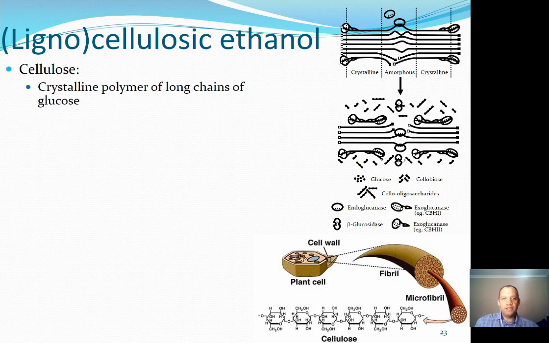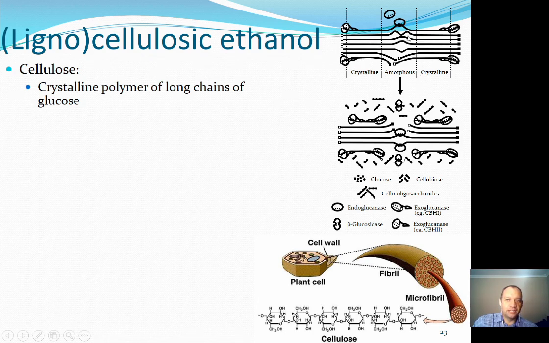So after the pretreatment for the lignocellulosic ethanol process, we said that we have these enzymatic processes to completely release the fermentable sugars, the monomeric sugars, from the cellulose and hemicellulose. So we're looking at cellulose here. And I'll remind you, it's a crystalline polymer of long chains of glucose, and just a simplified way of showing it, these lines would be your glucose chains, and they stack together mostly in this crystalline form.